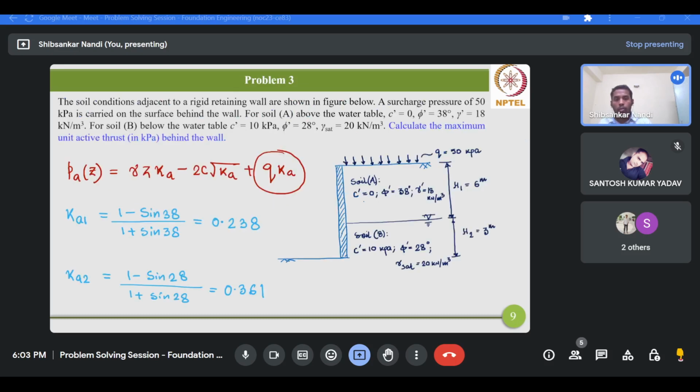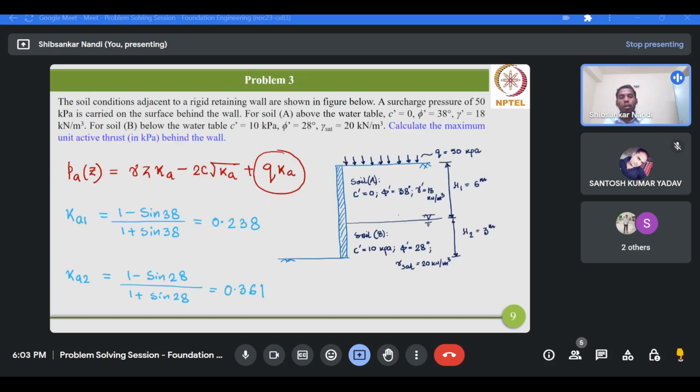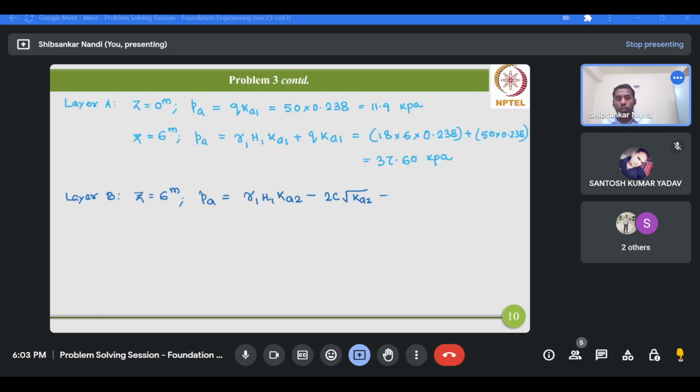Layer 2 is cohesive frictional, so there will be minus 2C. This is the reverse scenario compared to problem 1. In problem 1, the upper one was cohesive frictional and the lower one purely cohesionless. Here the upper one is purely cohesionless, whereas the lower one is cohesive frictional.